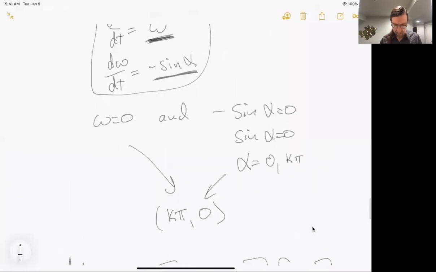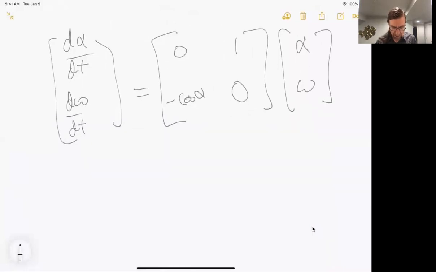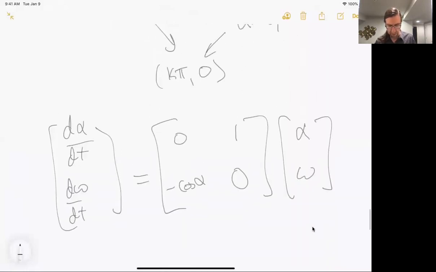And then the derivative with respect to ω, which is 0. All right, let's keep going here. Now I'm going to evaluate this at all the multiples of π.